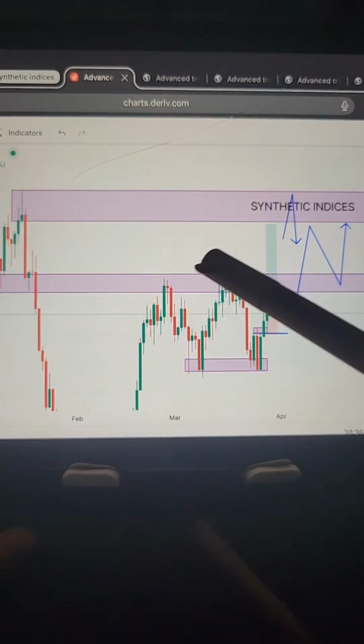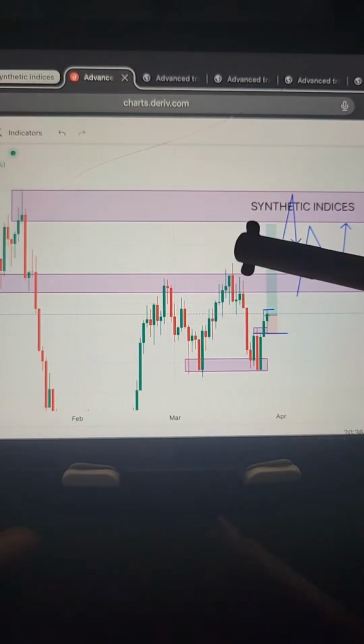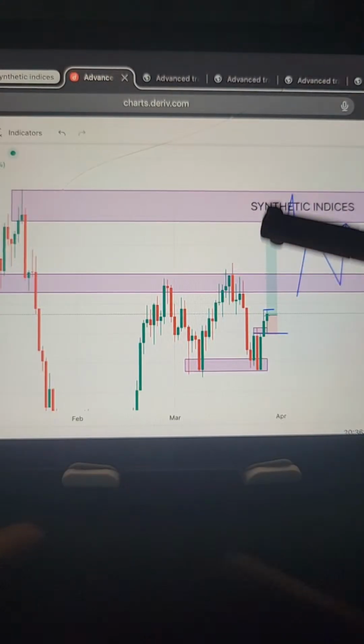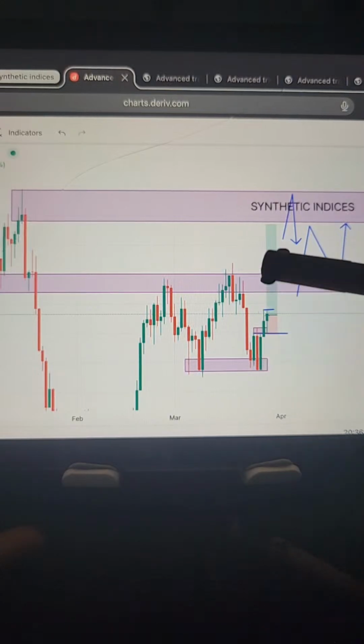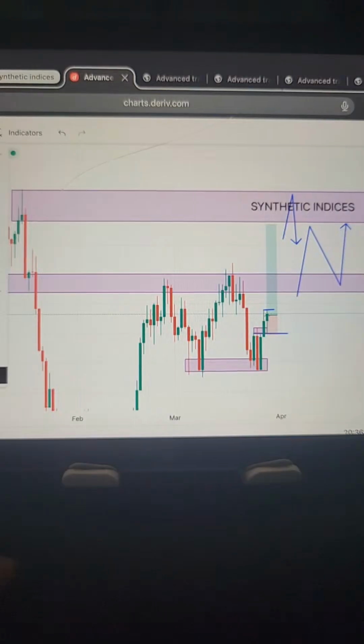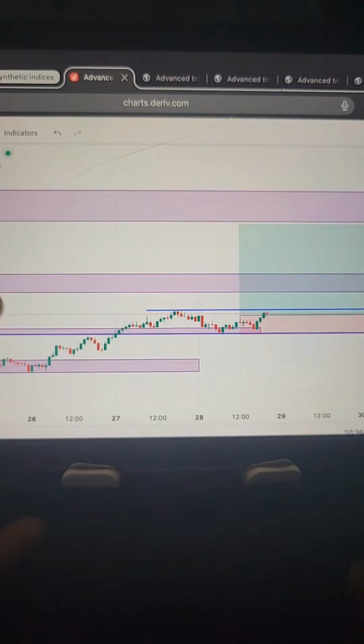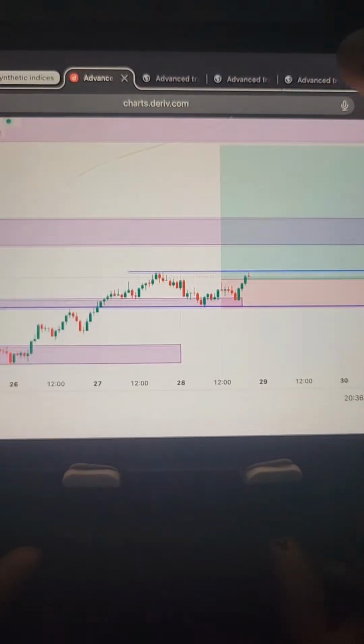So when price comes to this area and taps on this zone, what I'm going to do is take partials of my profit from around here. Then I'll be breaking even. I'll leave the rest to run free. So let's go back to a lower time frame so you can see this analysis clearly. So this is how you do your top down analysis and make sure that you are not on the wrong side of the market.